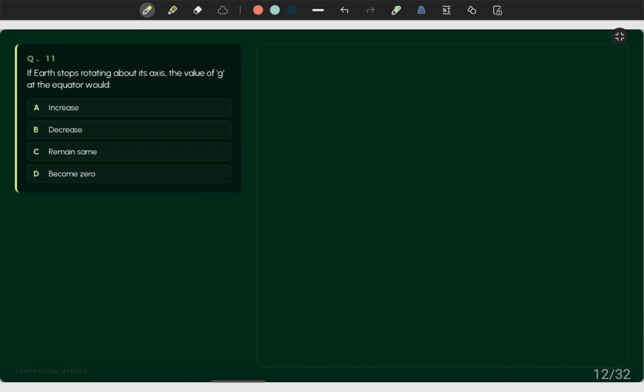Question number 11. If Earth stops rotating about its axis, the value of g will be. So the variation of g due to rotation of Earth is given by g' equals g minus r omega squared cos squared phi, where phi is the latitude.